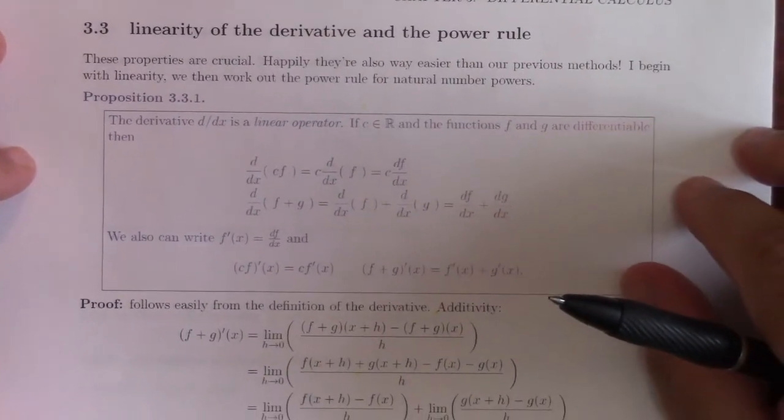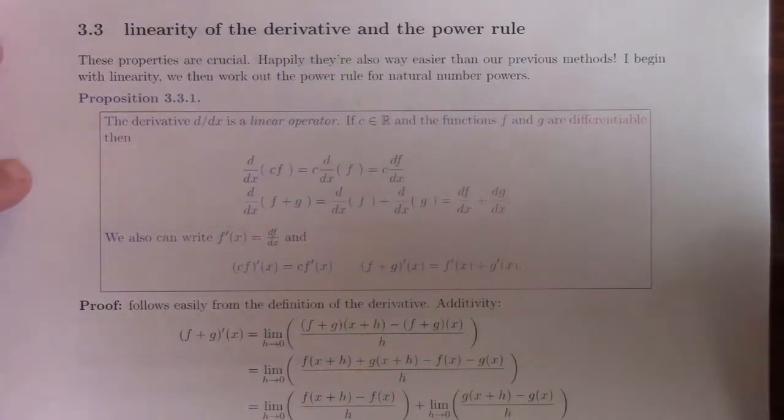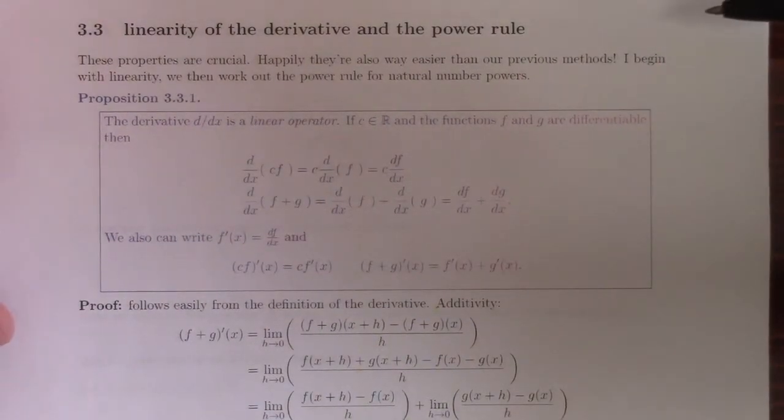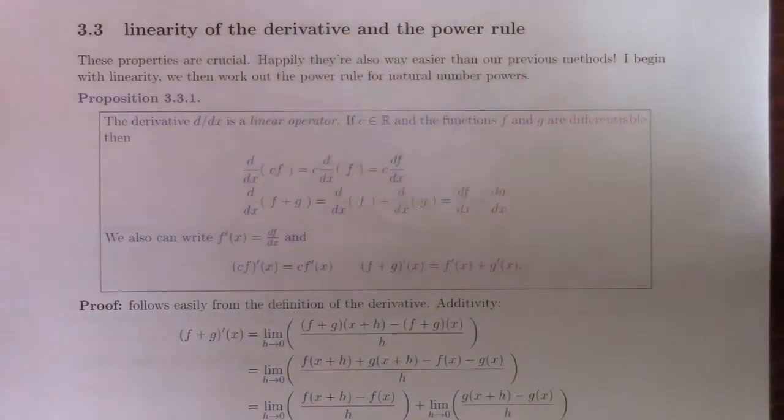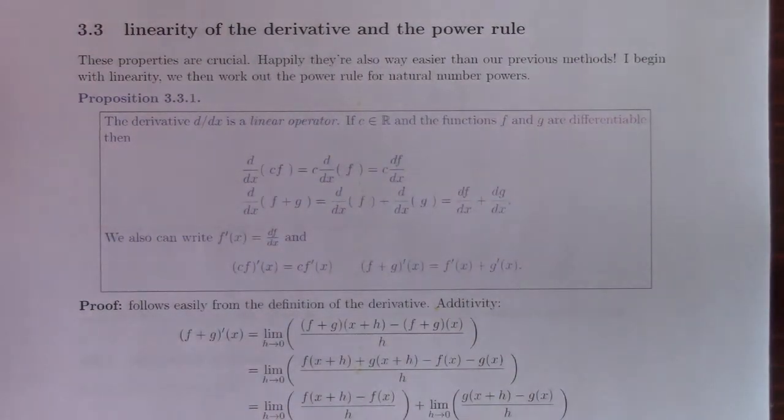Alright, so linearity of the derivative and the power rule. On your test 1, the majority is on limits, along with the basic notation stuff we went over, like intervals and number line.